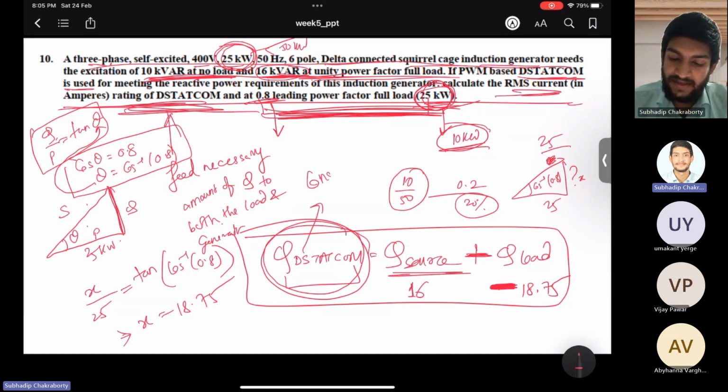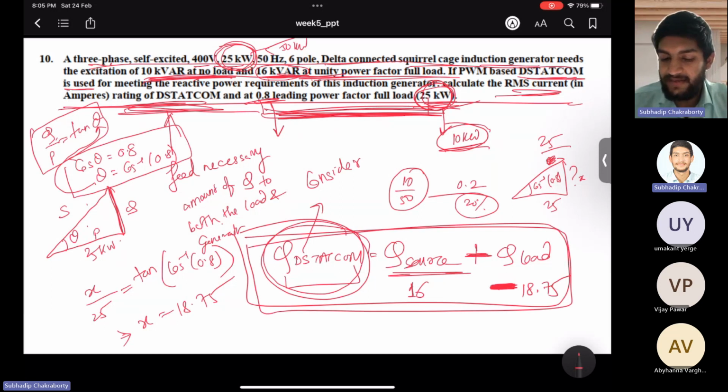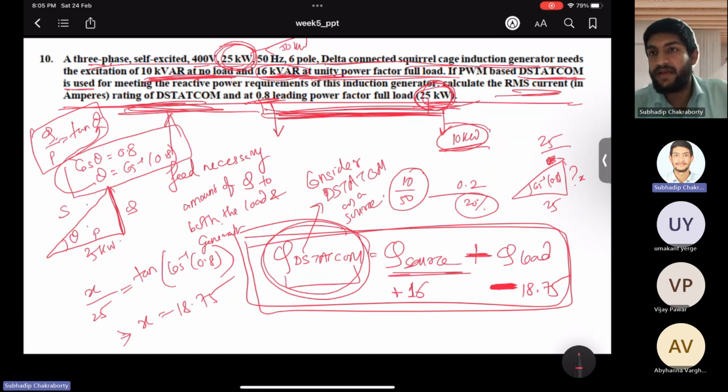While writing this line of power balance, consider DSTATCOM as a source. So if the DSTATCOM is supplying reactive power, you just plug it positive. If the DSTATCOM is receiving reactive power from somewhere, you just do negative.